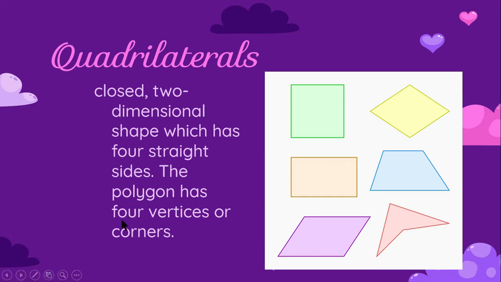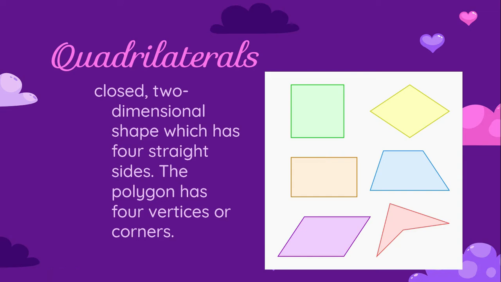So when we have four vertices, automatically we have four angles. In the green illustration, we have four vertices here, here, here, and here. Since there are two rays adjacent to each other, they form angles. And then they have four corners. That is what quadrilateral means.